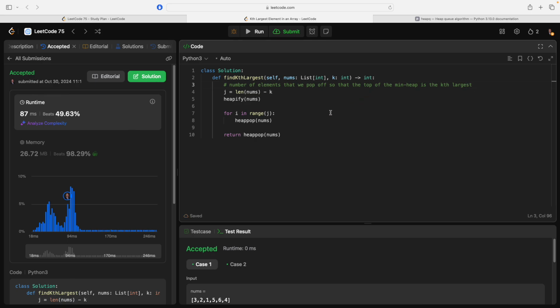That's what that is. So instead of going through first largest, second largest, third largest, you go backwards, sort of. So you have 20 elements. You're looking for the 10th largest element, meaning that you pop off 10 elements, and the one at the top is the 10th largest element. There we go. Good heap practice.